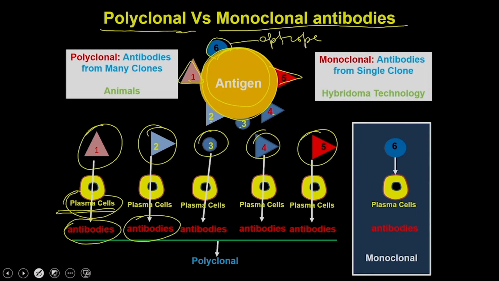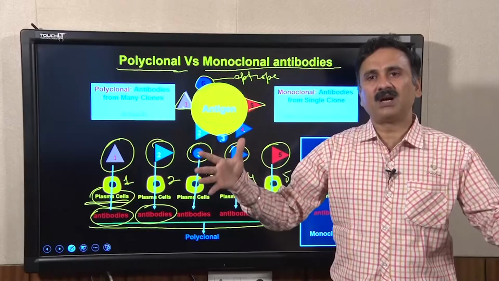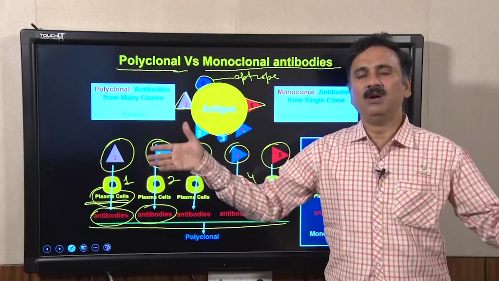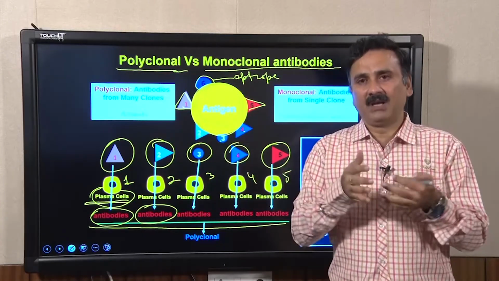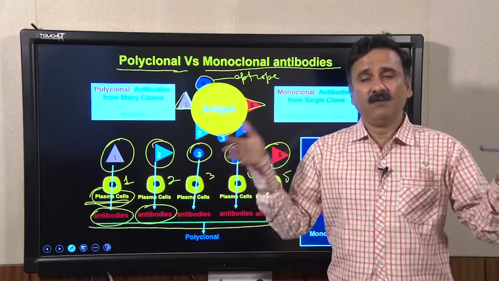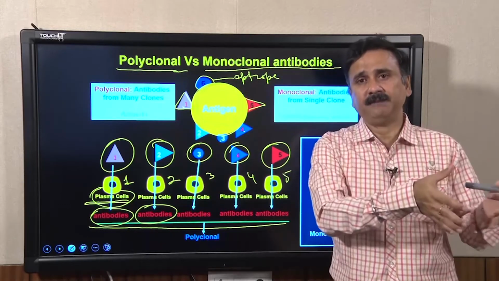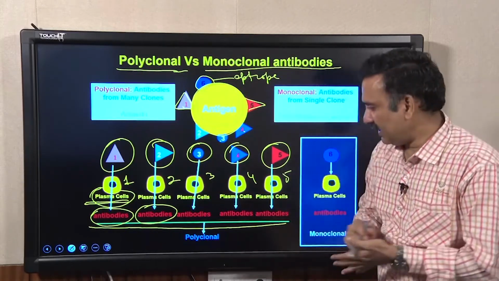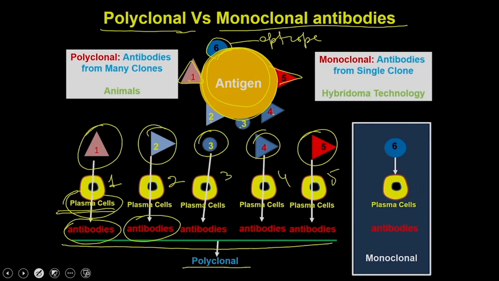So, if you collect all these antibodies coming from the different cells, for example, this is number 1, this is 2, this is 3, this is 4 and this is 5, so if you are collecting the antibodies coming from 5 or more different types of plasma cells, which are the clones, then the antibody is called a polyclonal antibody.